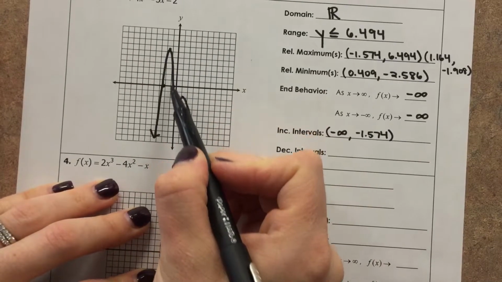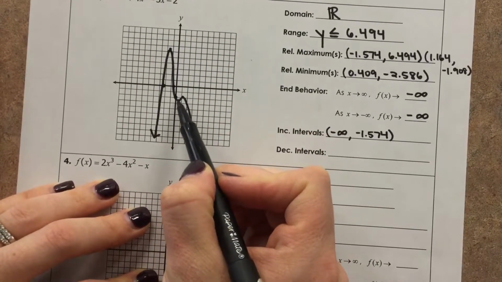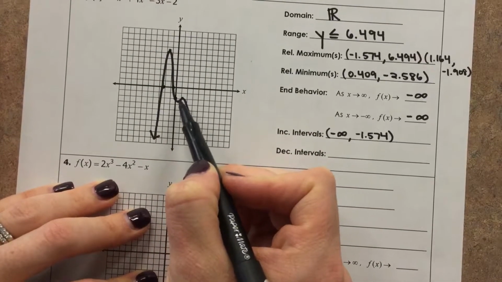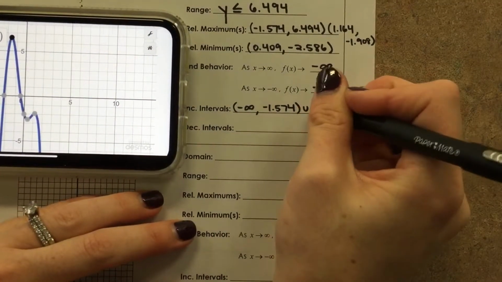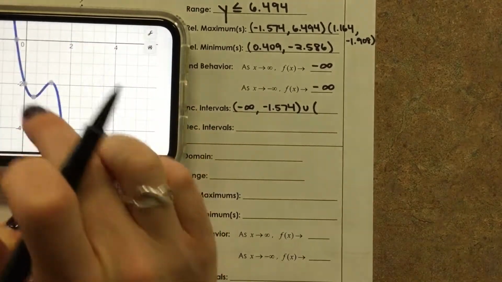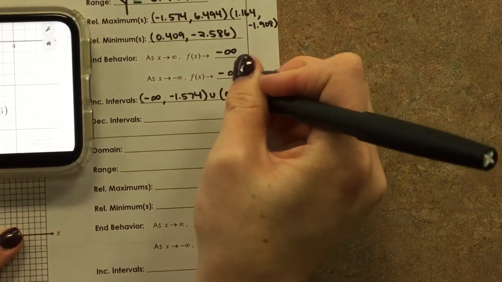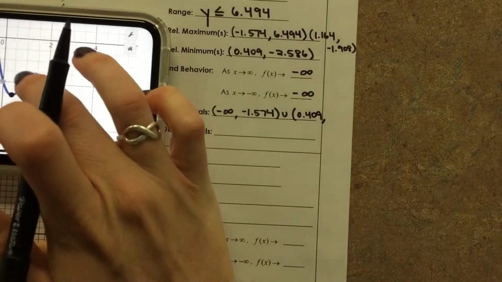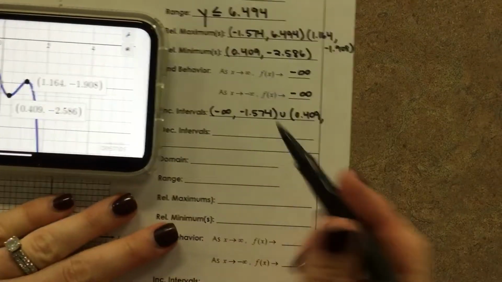Then it switches to decreasing, and then it increases just for this tiny little bit right here. So I'm going to write x value to x value of this next little increasing portion. So it starts increasing at this little point right here. So we write down that x value, 0.409, up until the next x value, which is this, 1.164.